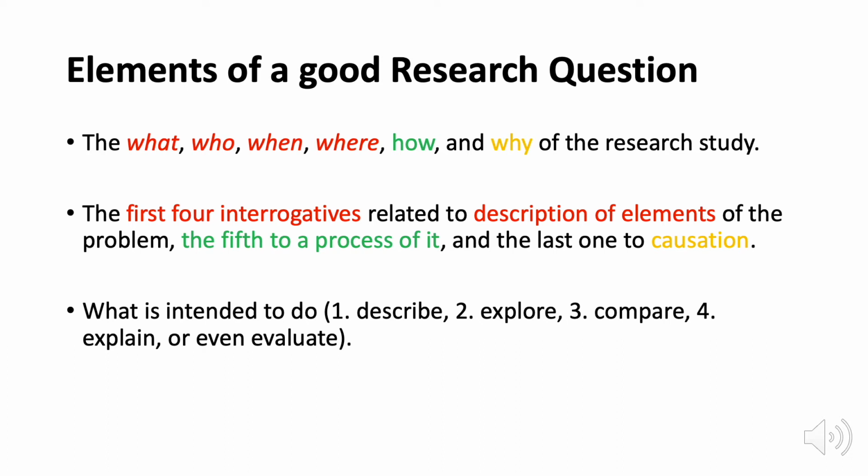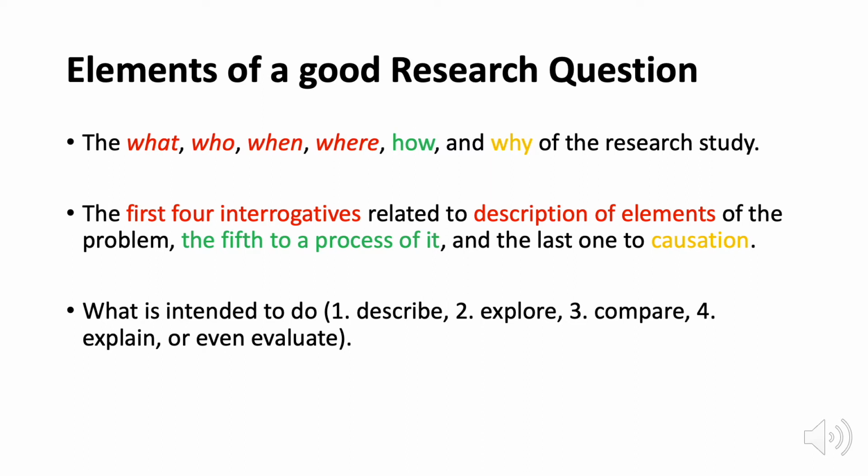Now, what are the elements of a good research question? A good research question will have either of these four elements. Depending on your chosen topic and method, your research question will either describe, explore, compare, or explain a research problem.